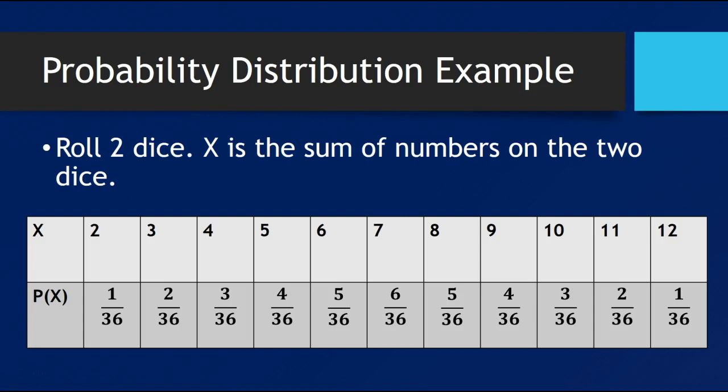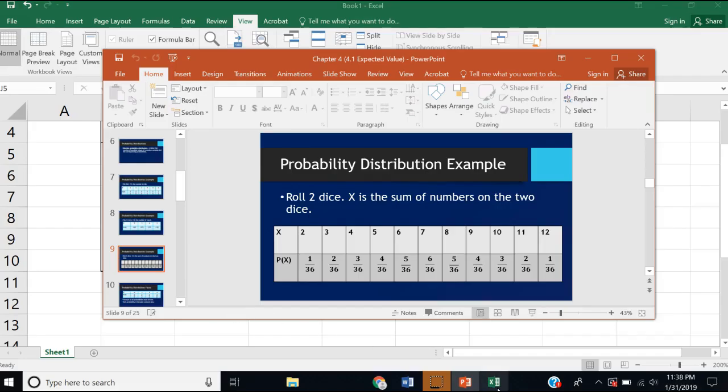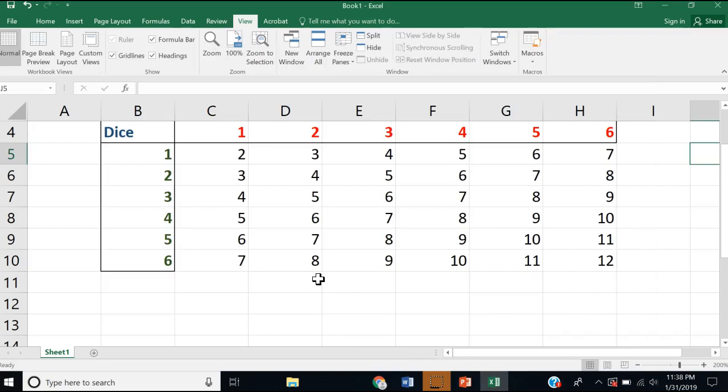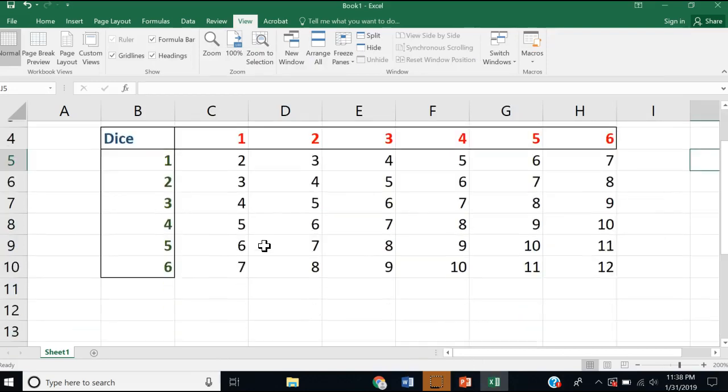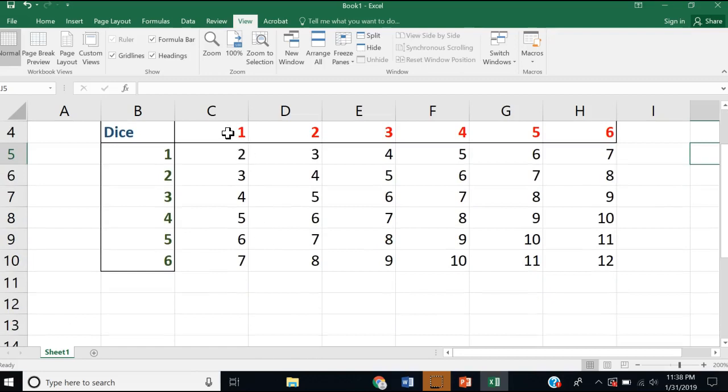By the way, there's a really nice visualization that you can take advantage of to see how this probability distribution comes into play. I've created it in Excel, but you can draw this very easily. Like I said, think about rolling 2 dice, one of them being red. The red die is always going to come out 1, 2, 3, 4, 5, or 6. And the other one is green.